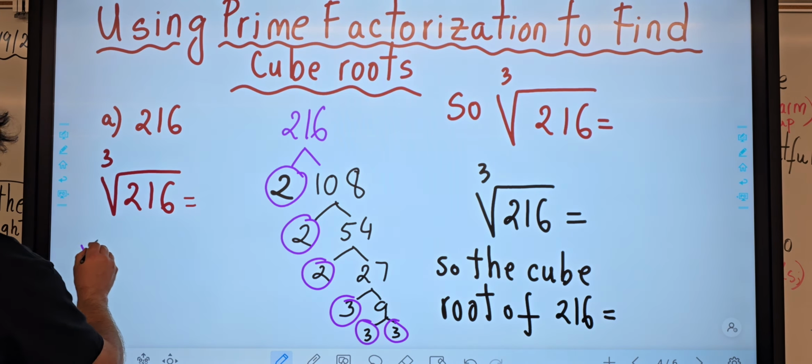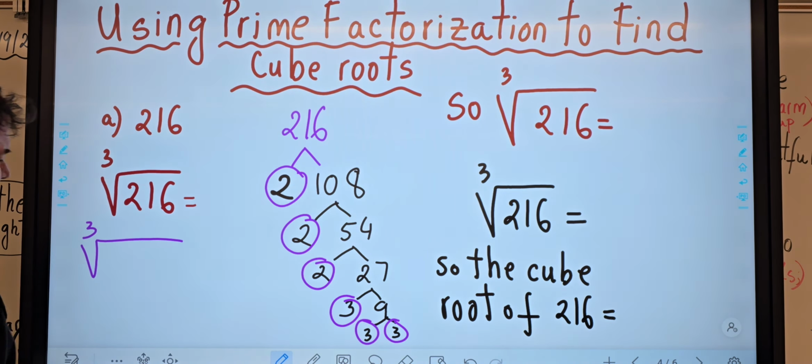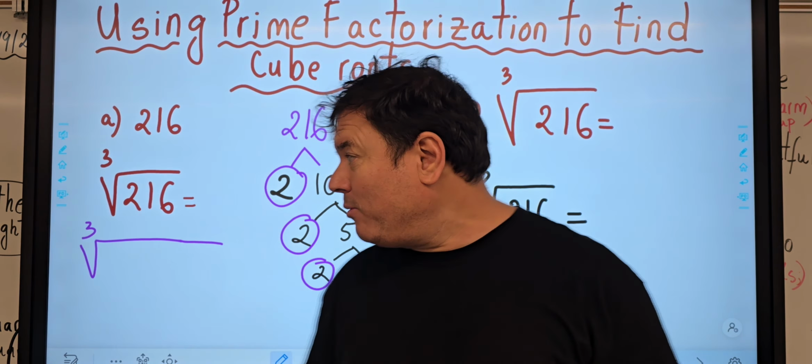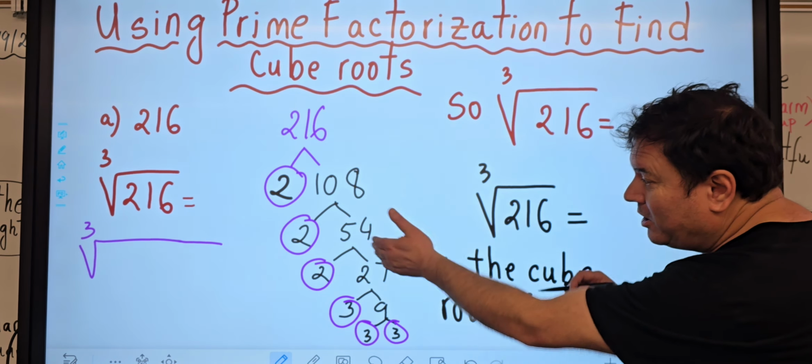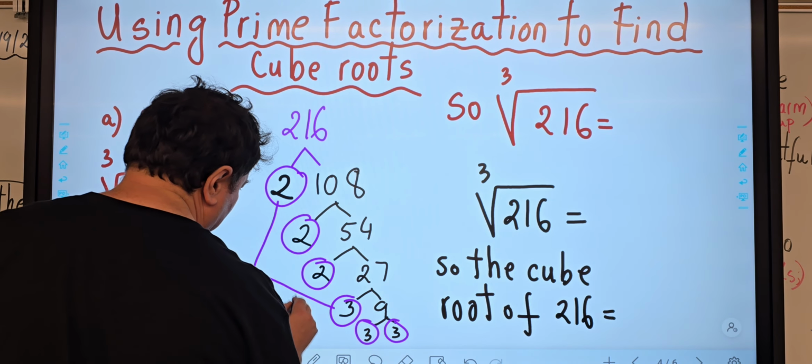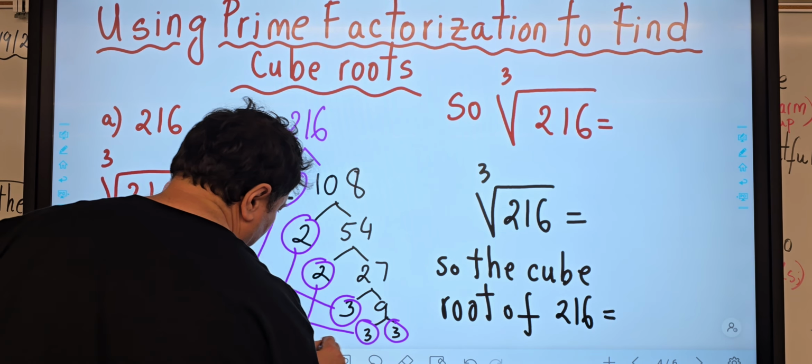So now the cube root of 216 can be written as, let's regroup all these prime numbers. Let's group a 2 and a 3 together, and another 2 and another 3, and another 2 and another 3.